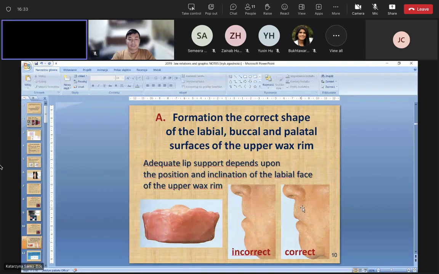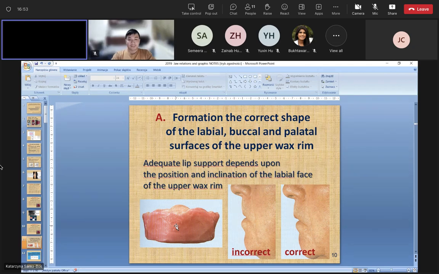What to do if the support is insufficient? We can add some wax to the labial part of the upper wax rim. If it is too much, we can remove it.